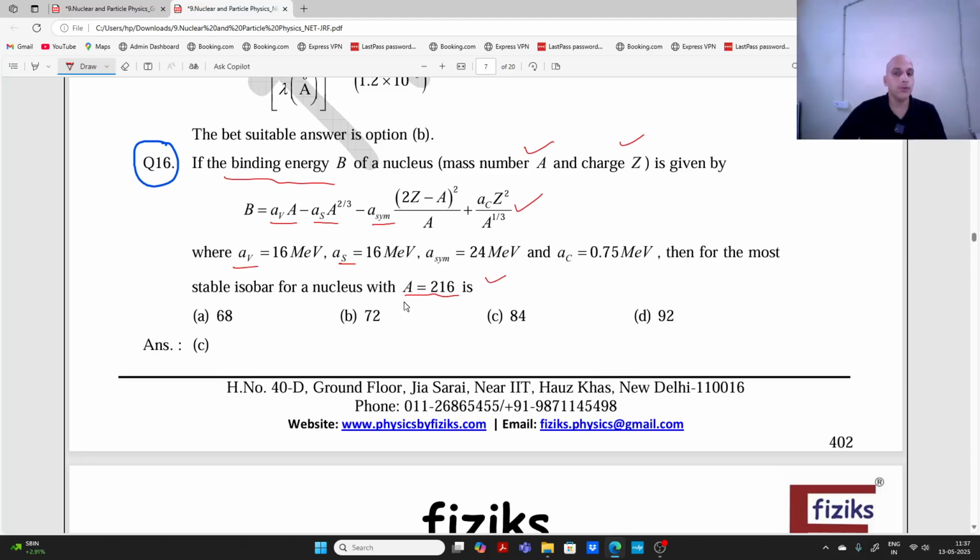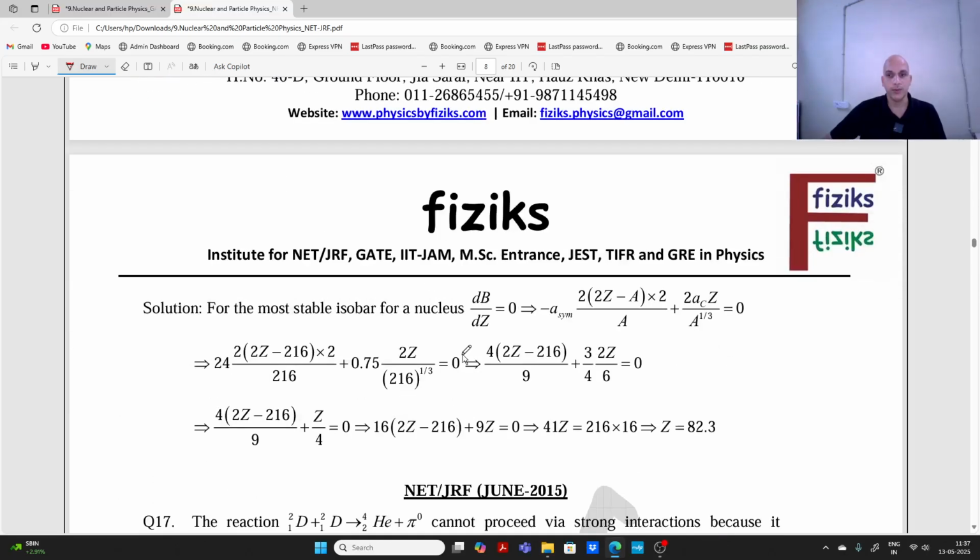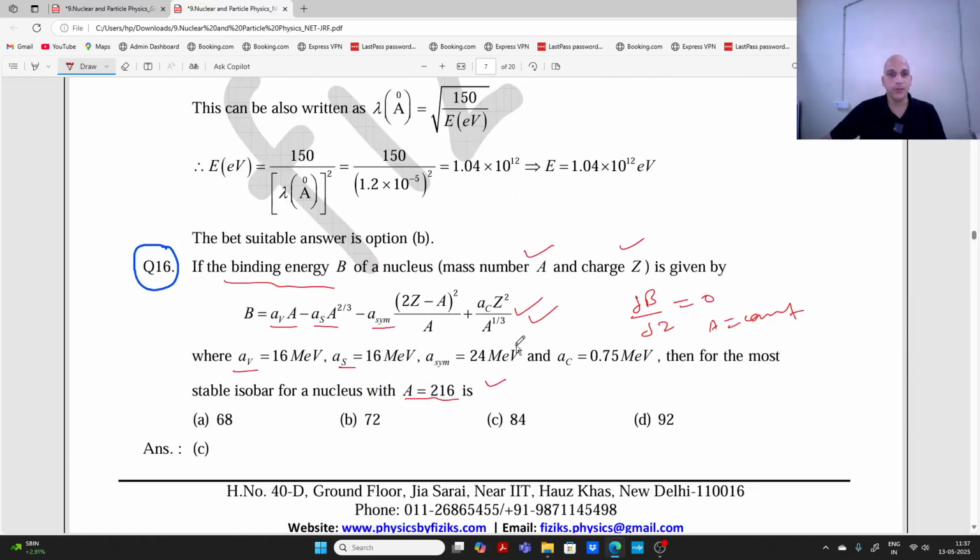Now what we have to do? I did it in an earlier question: dE/dZ should be equal to 0 provided A is a constant. So we will differentiate this equation. Here you can see the differentiation. When we take the differentiation, this will become 0, this will become 0, both are constant.